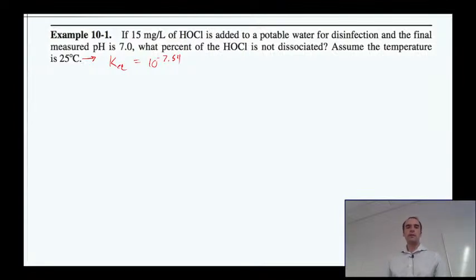Okay, the question is asking what is the percent of HOCl that is not dissociated? What that's referring to is the amount that is still in the HOCl form compared to the total.